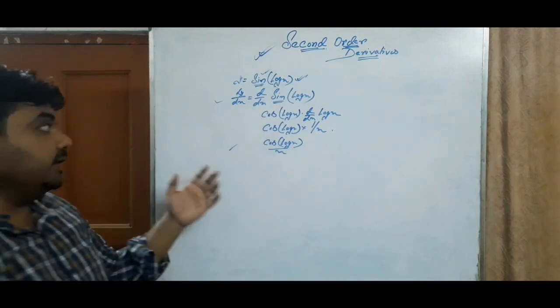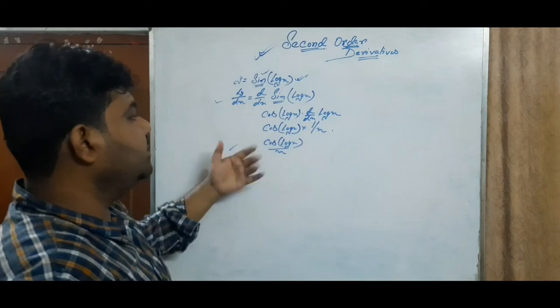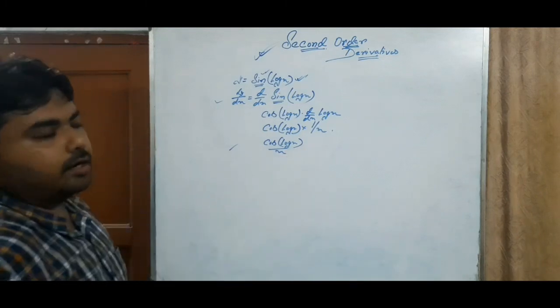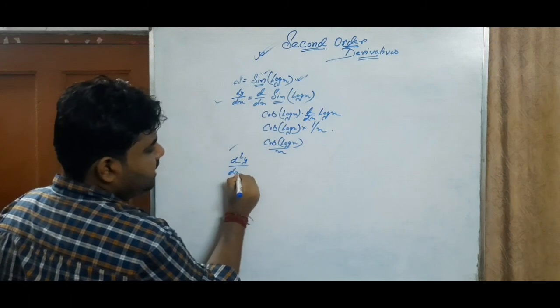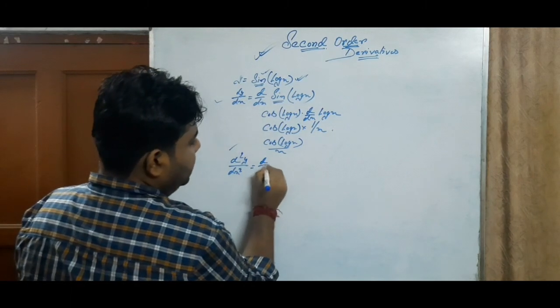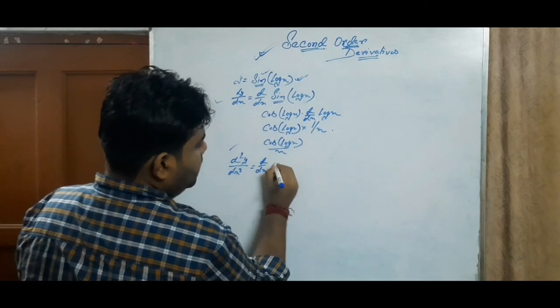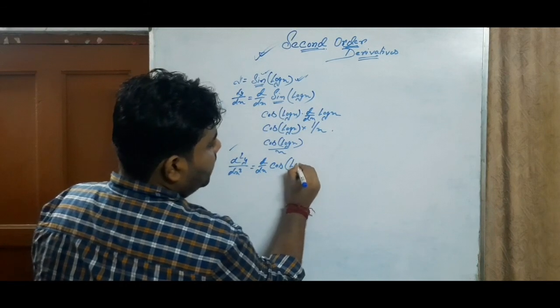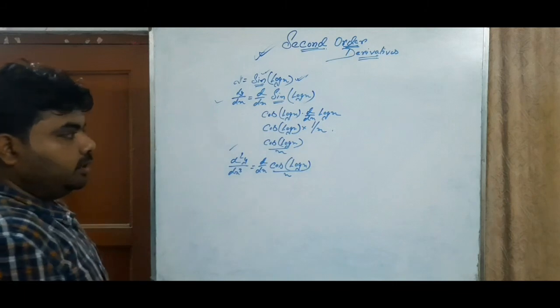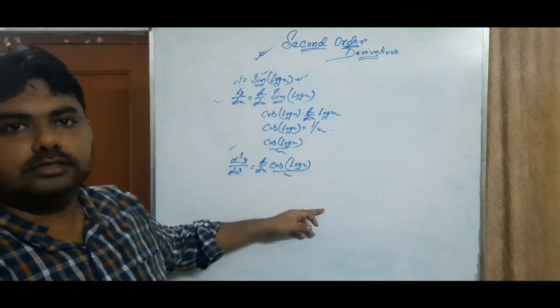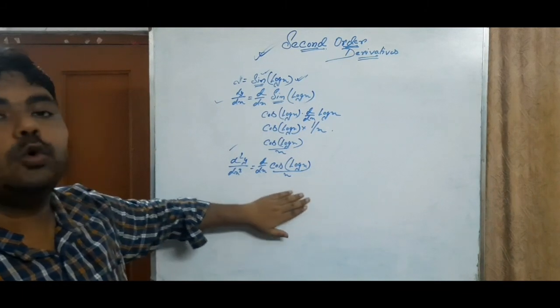Now in case of second order derivative, we will again derive this one, that is d2y by dx square equals to d dx of cos log x whole by x. Now u by v, that is we will use quotient rule.